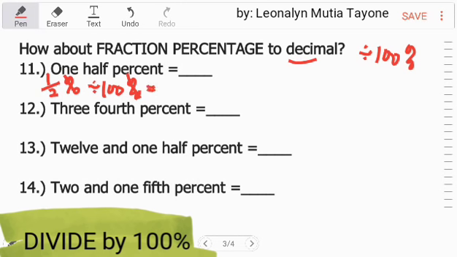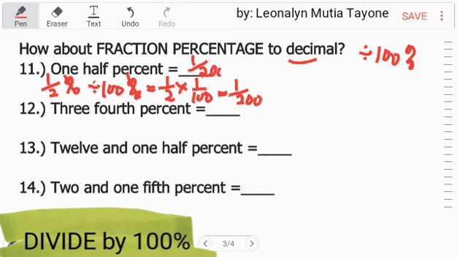So, this is 1/2 divided by 100. So, si 1/2 i-keep natin kasi fraction yan siya. Si division maging multiplication. At saka si 100 ay reciprocal niya ay 1/100. And this is equal to 1/200. Ang sagot dito in fraction is 1/200.